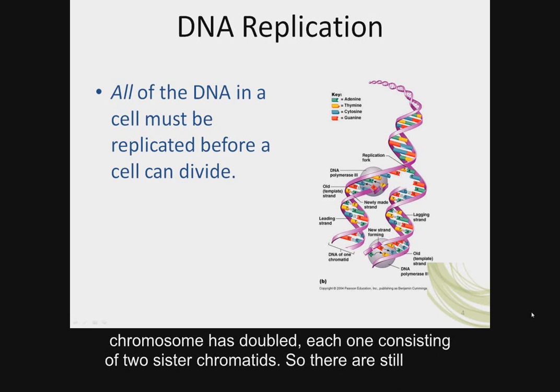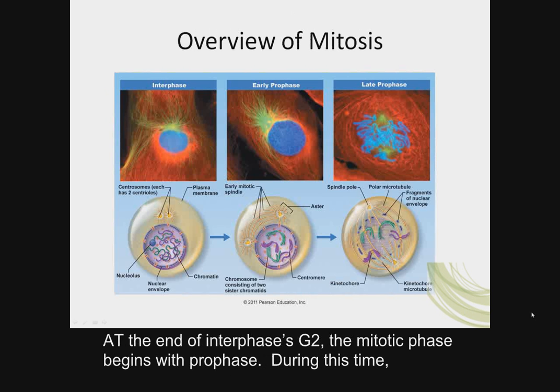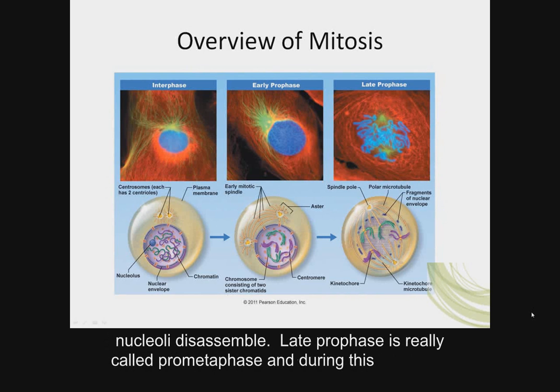So there are still 46 total chromosomes in the cell at this time, just each one has 2 sister chromatids. At the end of interphase, G2, the mitotic phase begins with prophase. During this time, the important processes to remember are the chromatin starts to condense and the nucleoli disassemble.